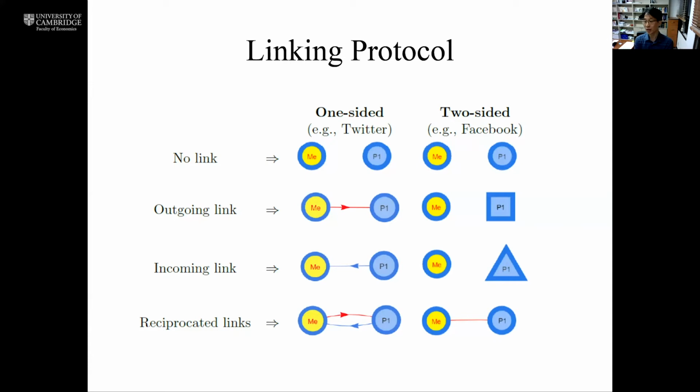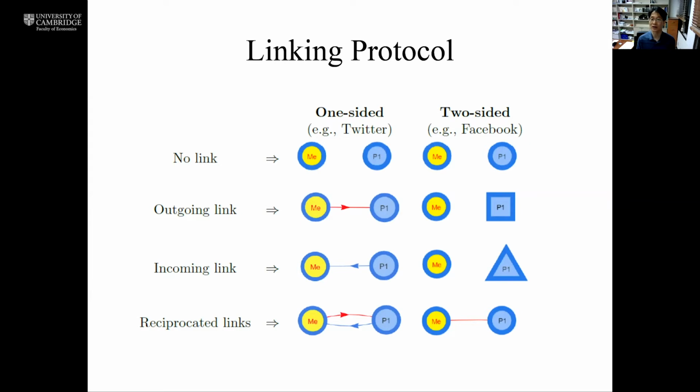But sometimes we may want to show whether someone made a link proposal that I haven't reciprocated, or whether I made a link proposal that has not been reciprocated by that player. We use different shapes of nodes to represent these different types of link proposals, as you can see here.